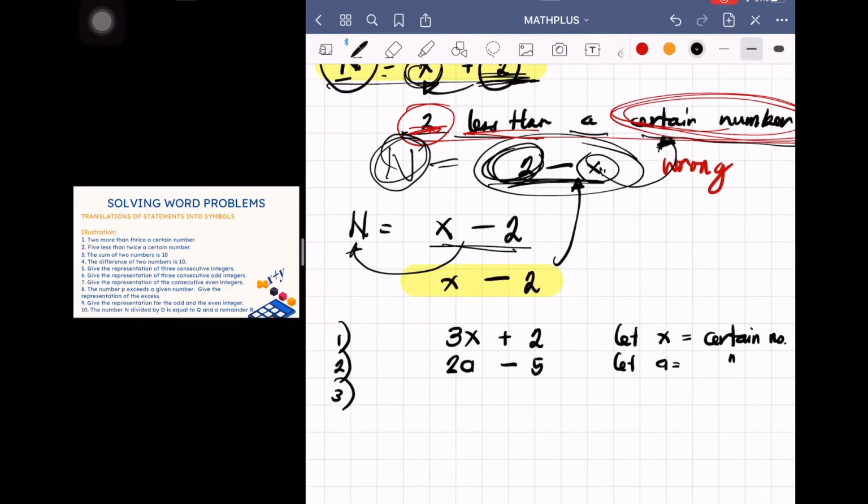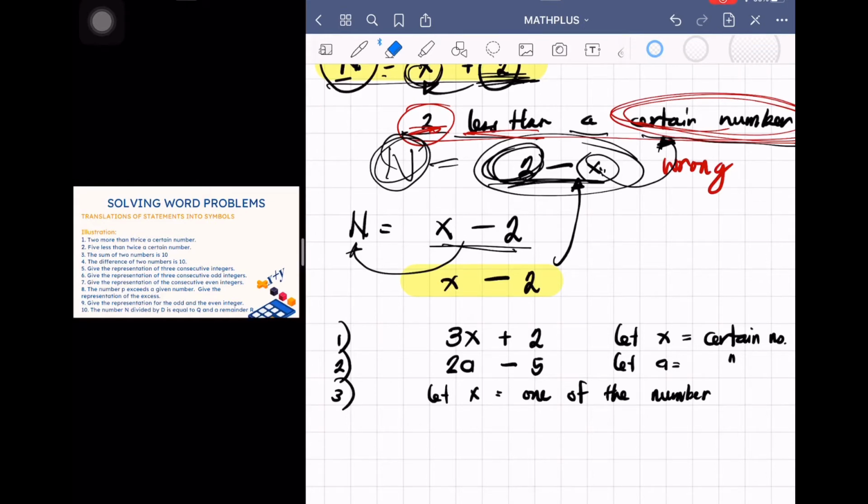Okay? There are 2 styles in representing your statements. Okay? You can use 2 unknown variables for your statement, or you can represent the statement in just a single variable. Pwede natin gawin ay ganito. I'm going to let x be one of the number, kasi dalawang numbers daw to eh. X be one of the number, at ang sabi dito ay, kapag in-add mo daw yung one of the number which is x, at saka yung isa pang number, ang sum nila ay 10.